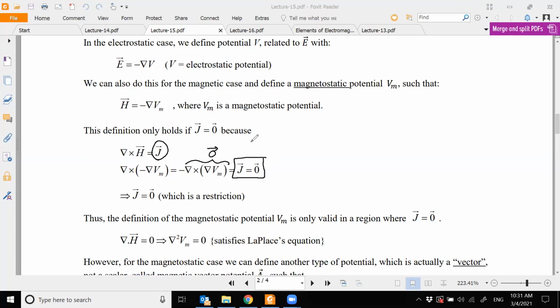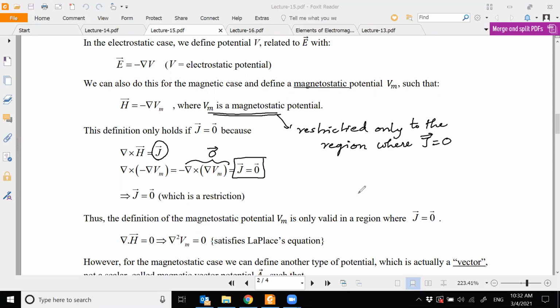Oh, what does that mean? That means this definition of the scalar potential is restricted only to the region where J bar is 0. Why? Because as we said, all our laws must be satisfied. There should not be any inconsistency mathematically.